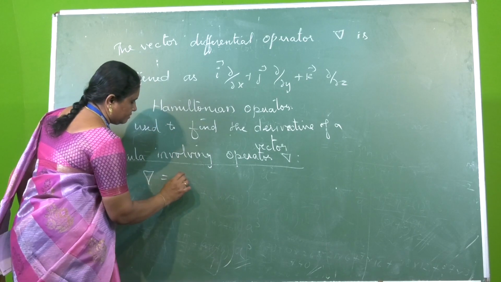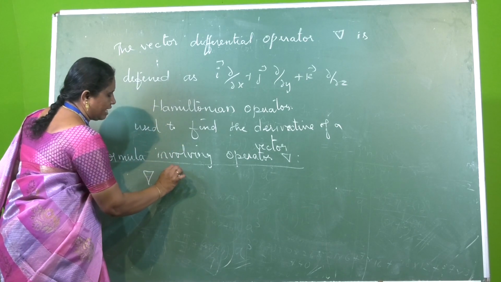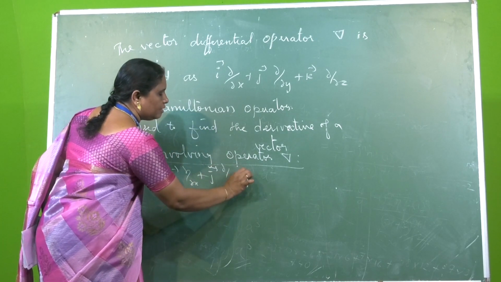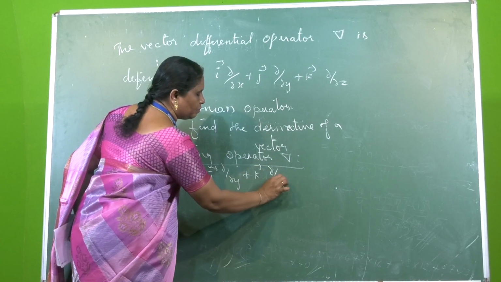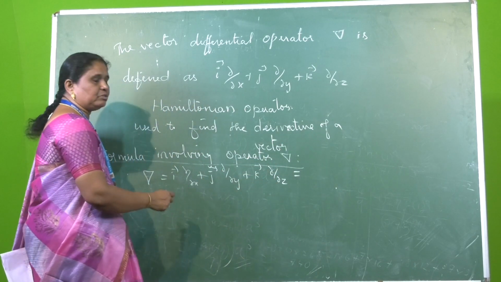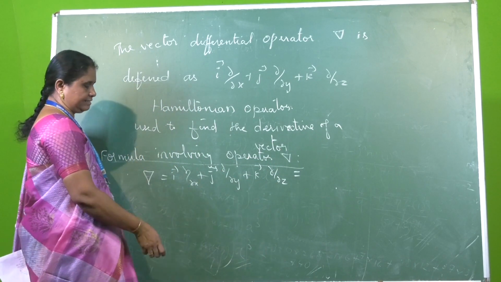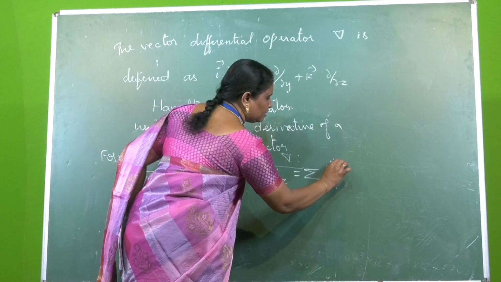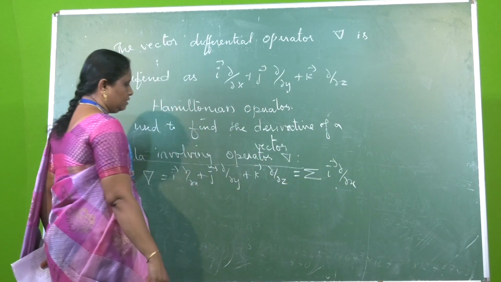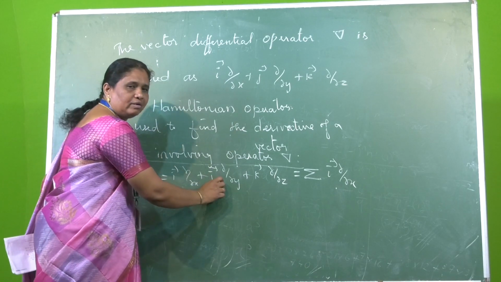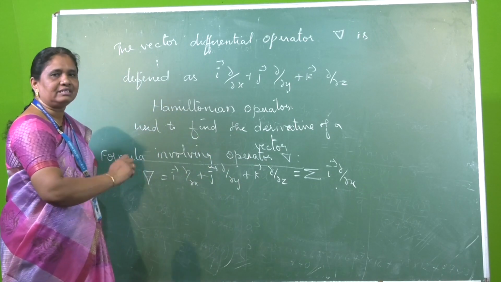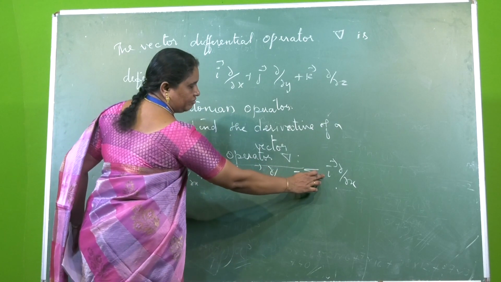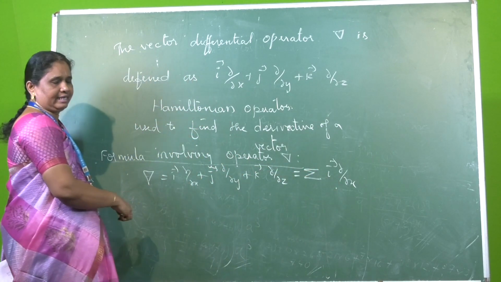Now the del is written as i vector dou by dou x plus j vector dou by dou y plus k vector dou by dou z, which we can shortly write as summation i vector dou by dou x. So, elaborately writing all these three terms, we can shortly write del as summation i vector dou by dou x.